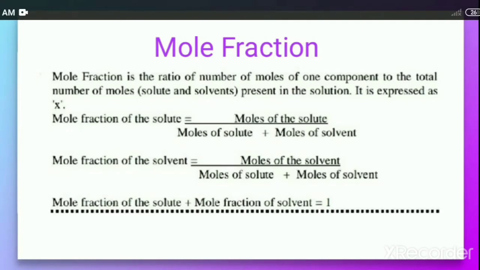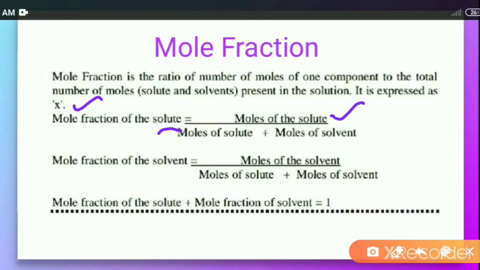Next is mole fraction. Mole fraction is the ratio of number of moles of one component to the total number of moles present in the solution. It is expressed in terms of X. That means if you want to find out the mole fraction of solute, you have to find it out by formula, that is moles of solute divided by total moles.